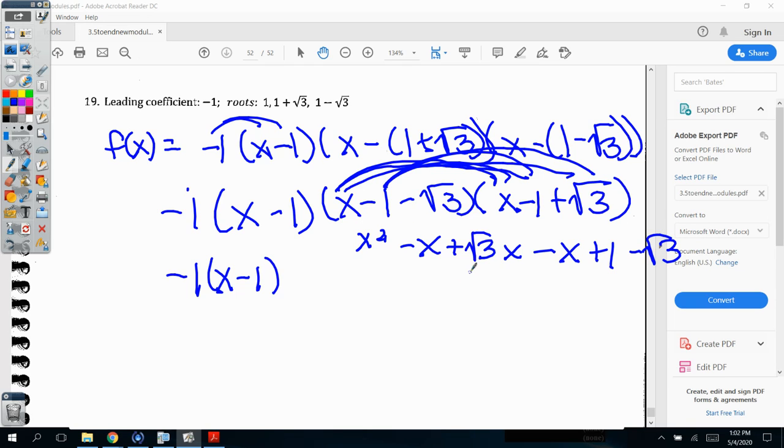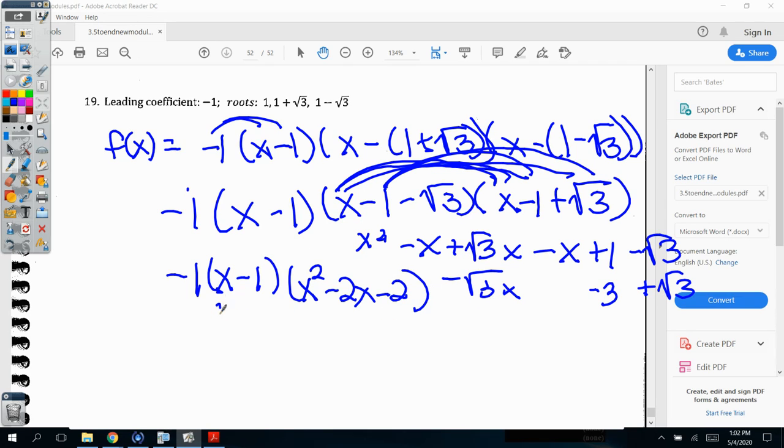Now we got a minus root 3x, those will cancel, plus root 3, those will cancel, and a negative root 3 times a positive root 3 is a negative root 9, which is negative 3. So what do I get? I get x squared. I have a minus x, it's minus 2x, and then I have the 1 minus the 3. I'm getting a negative 2.